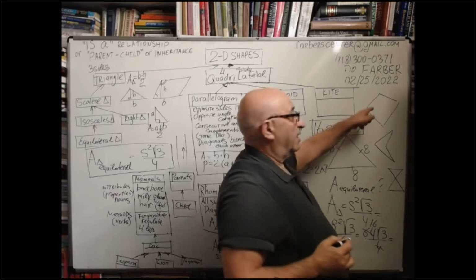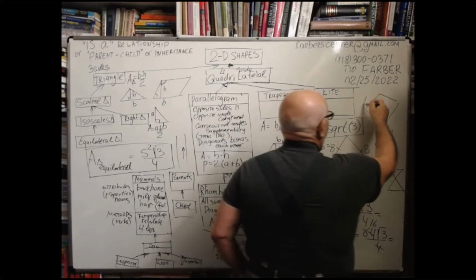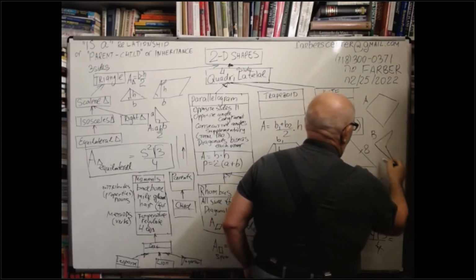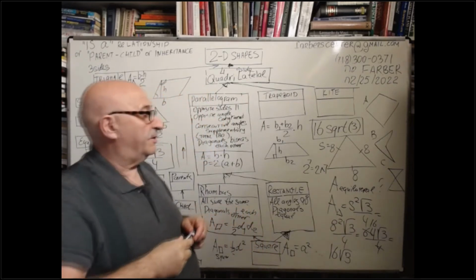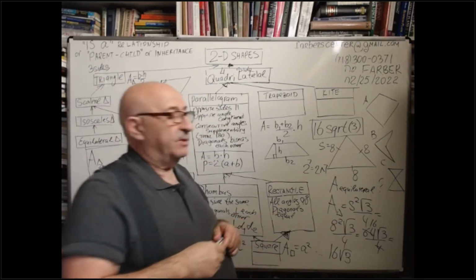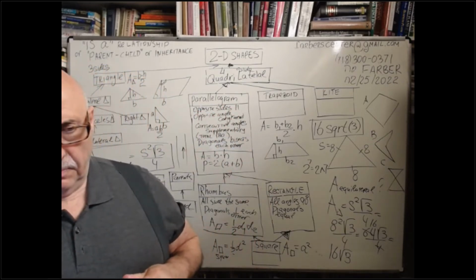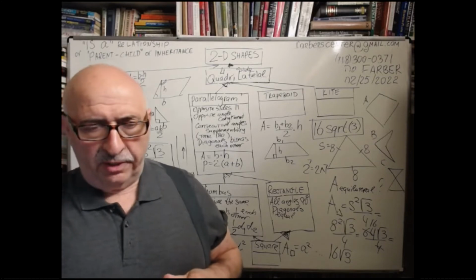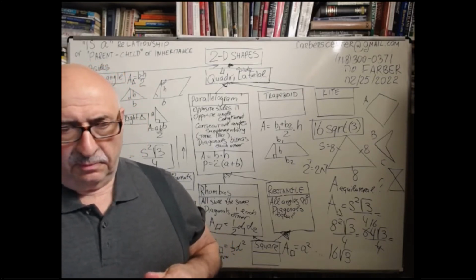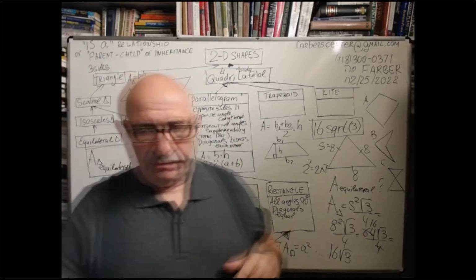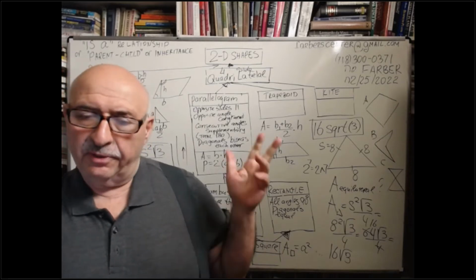What do you think? Is it a quadrilateral? The first one, A, B, C. Who thinks there are 3 quadrilaterals here? Hands down. Who thinks there are 2 quadrilaterals? Who thinks there is 1 quadrilateral? Well, we have 3 quadrilaterals.